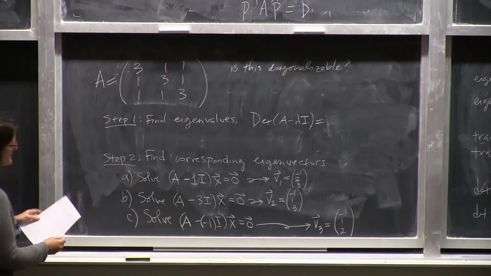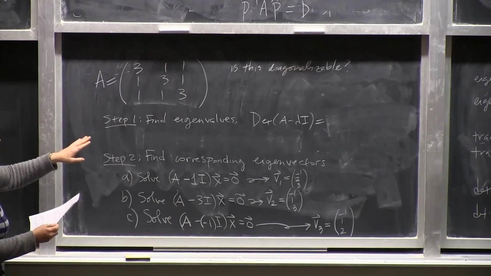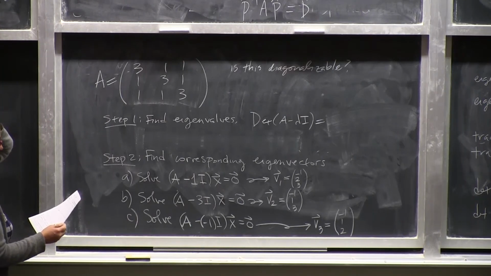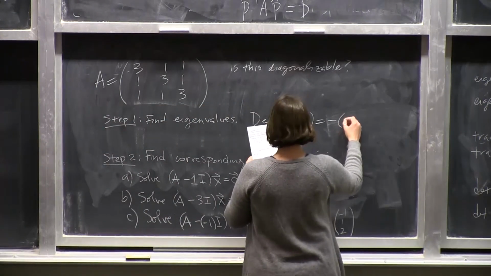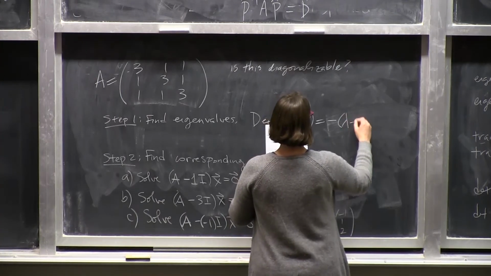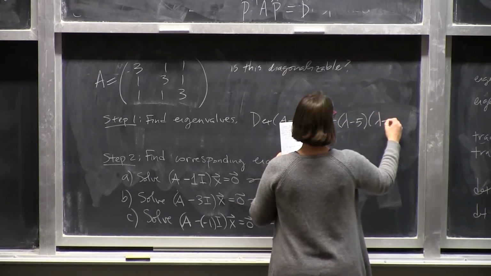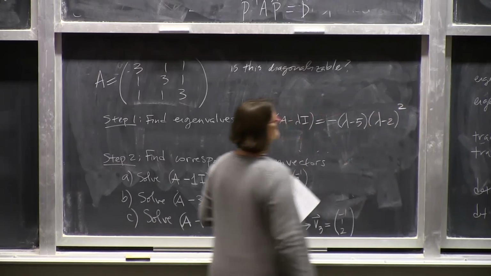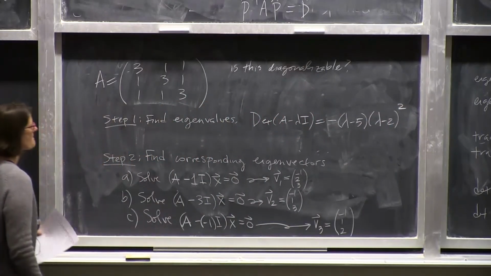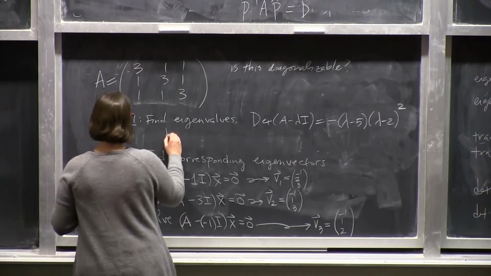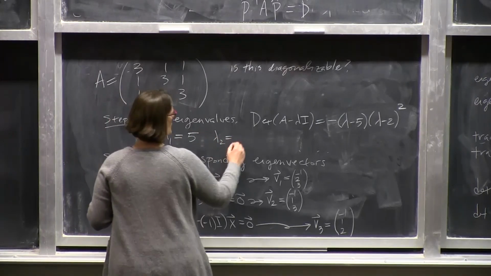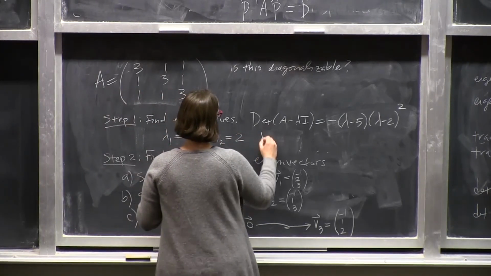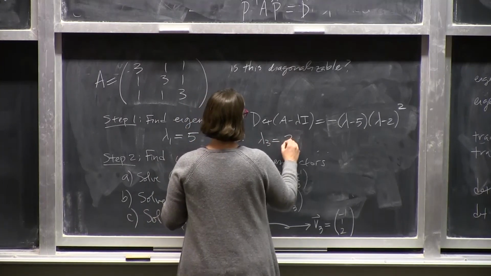Is it diagonalizable? So the first step is we computed the determinant of A minus lambda I. And after some pain and suffering, we got to lambda minus 5 times lambda minus 2 squared. This gives us one eigenvalue, which is 5, another eigenvalue, which is 2, and a third eigenvalue, which is 2.